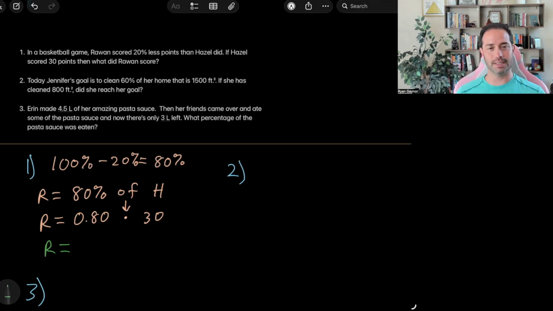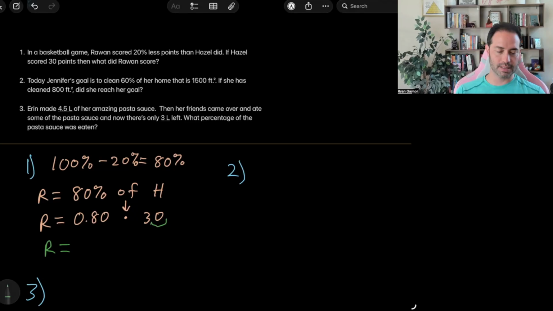Here's the trick. Notice that the number 30 has 2 places, a 3 and a 0. Notice that the 0.80 also has 2 places, 80. So all I have to do is move it 1 place for each one.